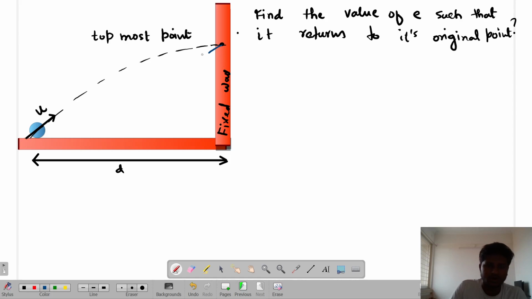If it is not saying that it is following the original trajectory, you have to see how it is going. It is saying that both the walls, both this ground and the fixed wall, have the same coefficient of restitution e. This one is also having e and this one is also having e.